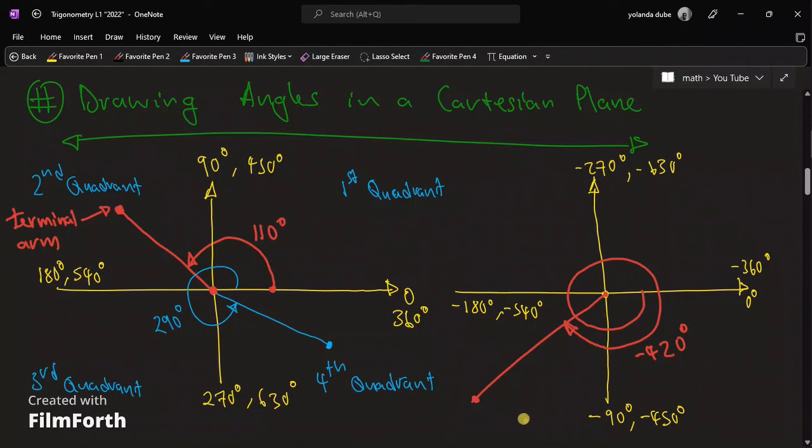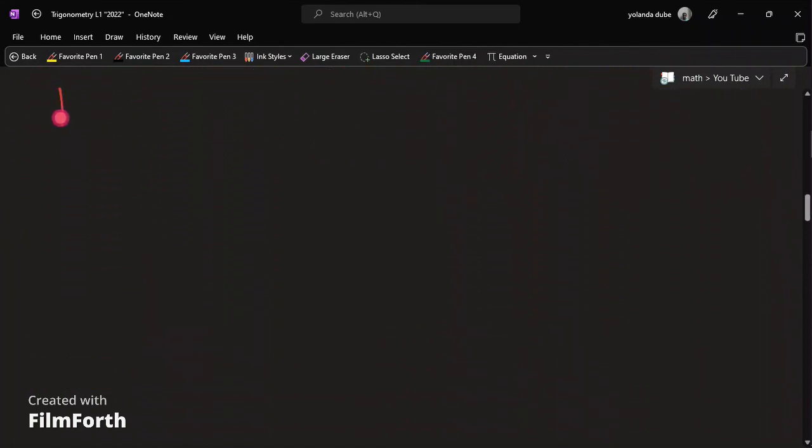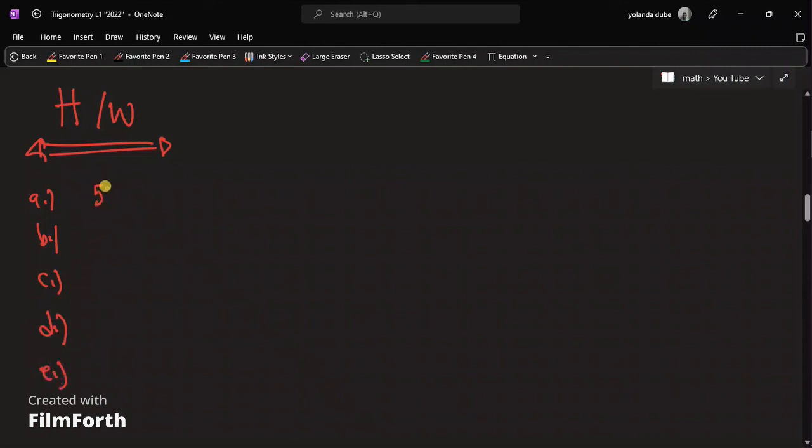All the time, if they say represent angles in a Cartesian plane, this is simply how you go about doing that. The only thing that is left for you is just to practice. You can practice drawing these angles on your own and see if you have understood what happens here. You will have to draw these angles in a single Cartesian plane.